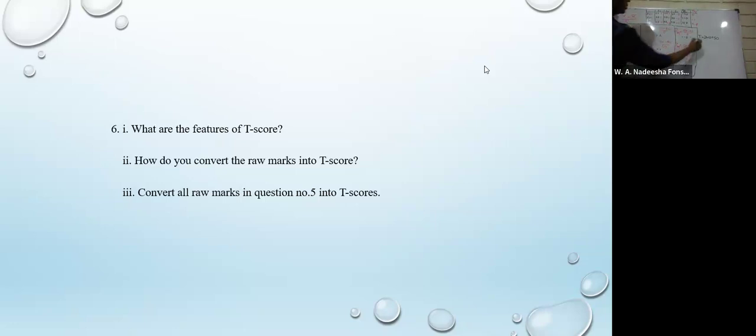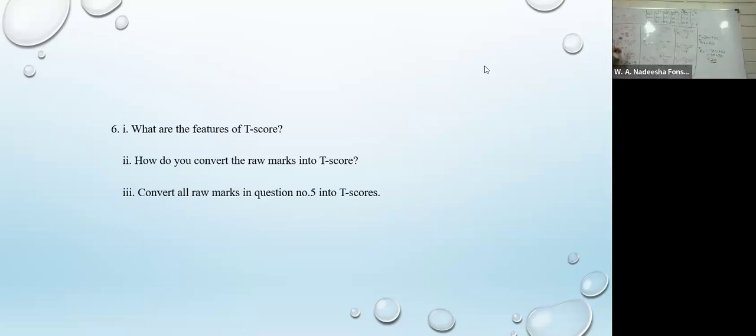For the T-score of Rani's science, that is Z into 10 plus 50, where Z is 1. That value is 60. Like that, you can have all 9 values. If I do the minus part, T for Rani Sinhala: minus 3 into 10 plus 50, minus 30 plus 50. Answer is 20.